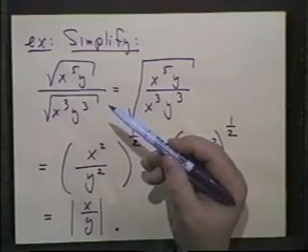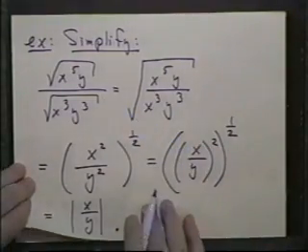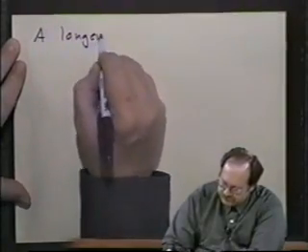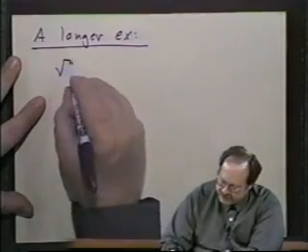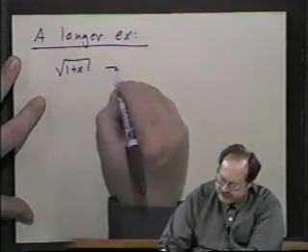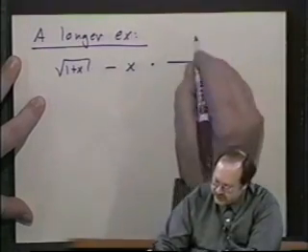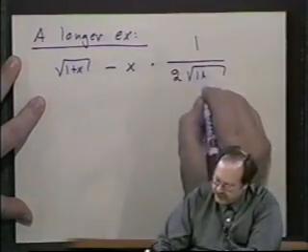All right. Let me do one more that is more complicated than any of the ones we've seen before I come back and give you a list of tips. So this is a longer exercise. And this is big. So let's write this down. Square root of 1 plus x, minus x times 1 over 2 square root of 1 plus x.